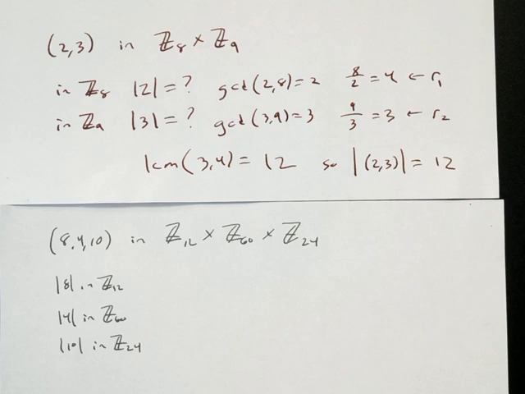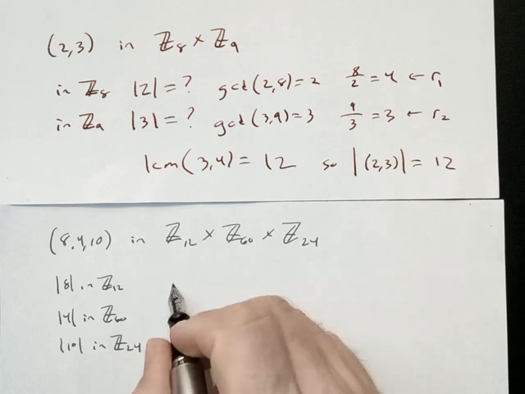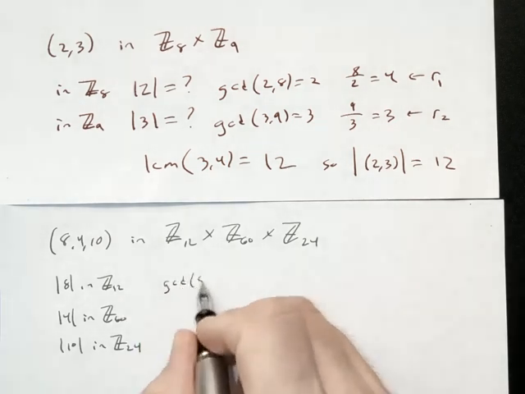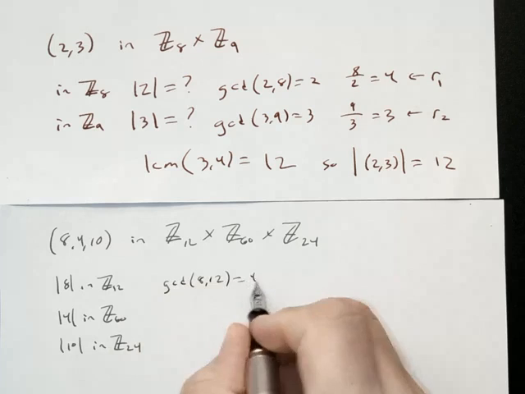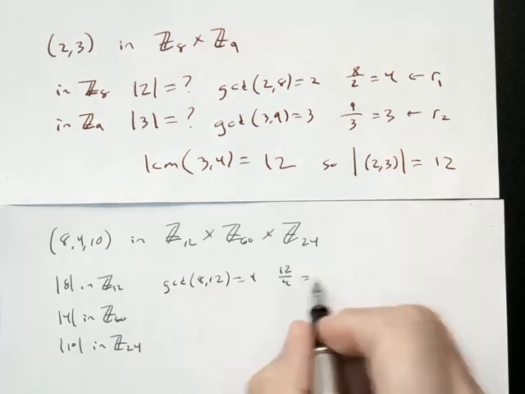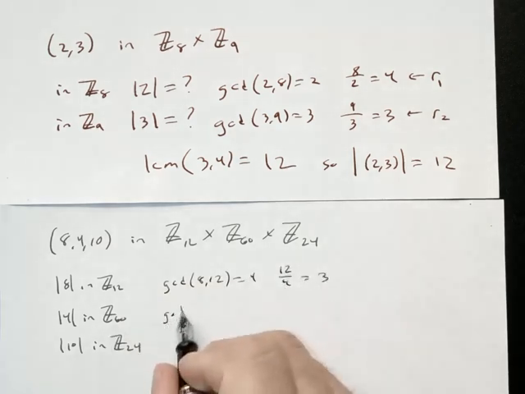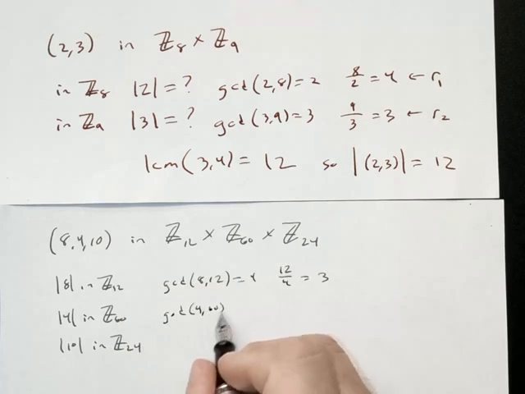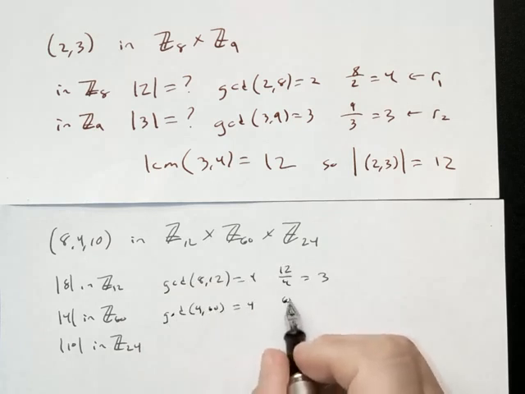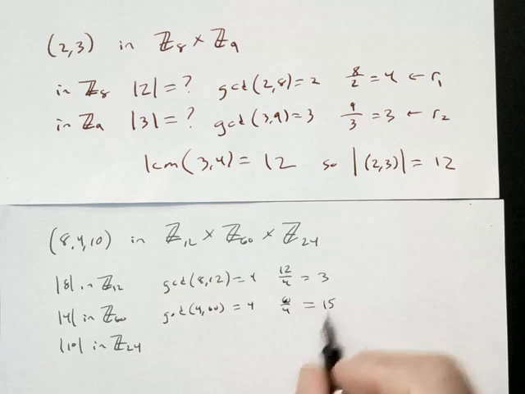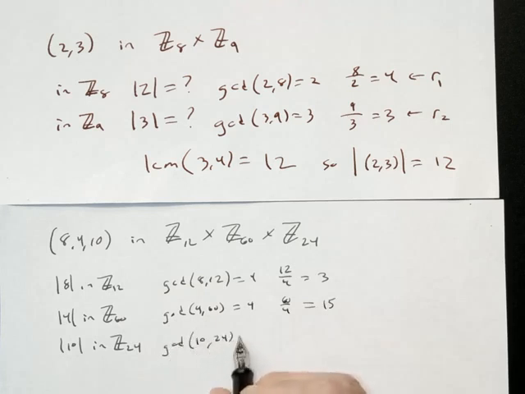What are my 3 orders? No, I was going to say, we need 60. Aha! Because the greatest common divisor of 8 and 12 is 4, and 12 over 4 is 3. The greatest common divisor of 4 and 60 is 4, and 60 over 4 is 15. The greatest common divisor of 10 and 24 is 2, and 24 over 2 is 12.